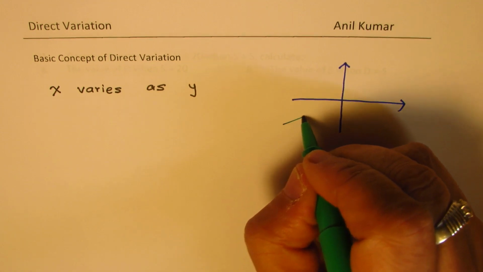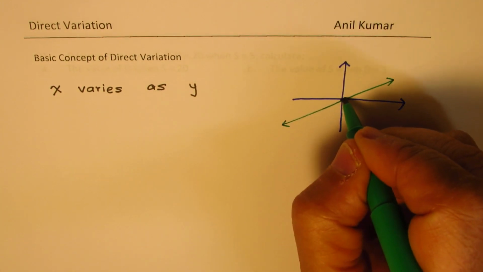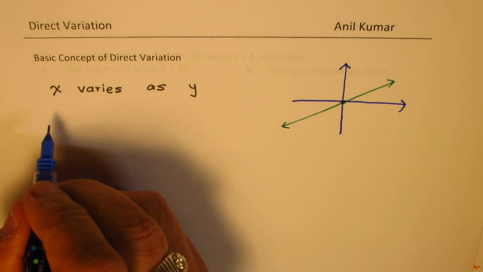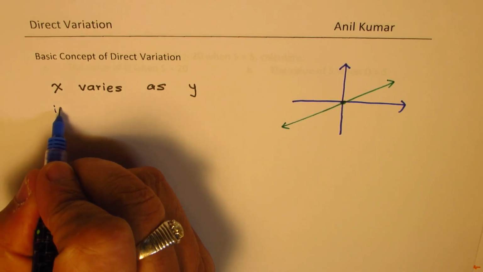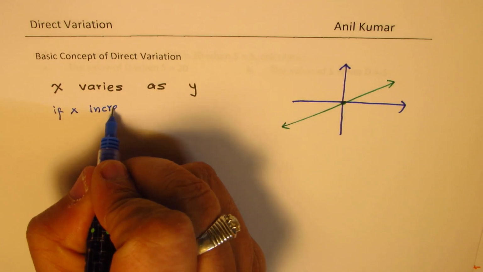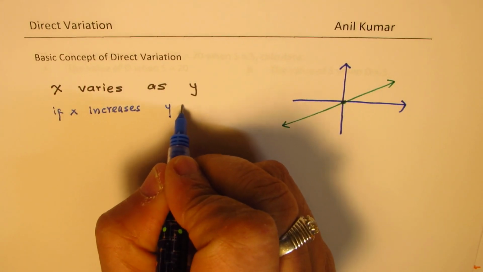So what we get here is a straight line which will always go through the center. So the meaning of this statement is, if X increases, Y increases.